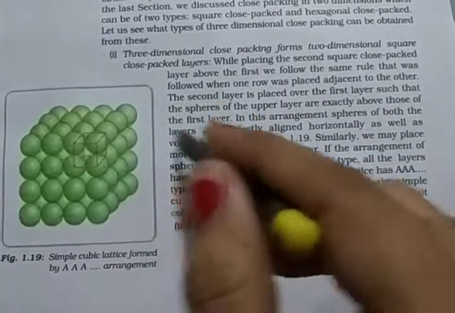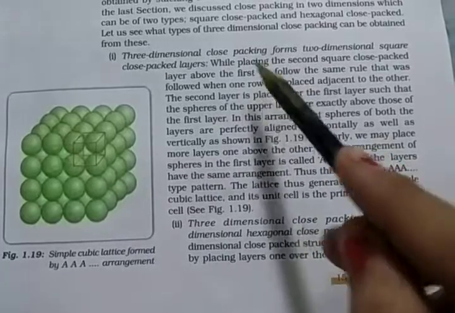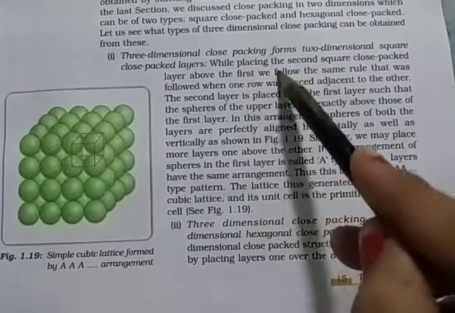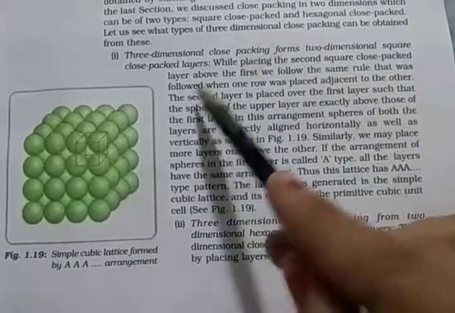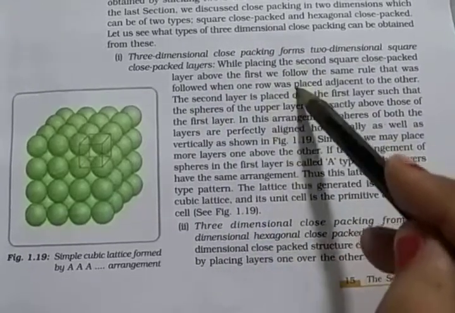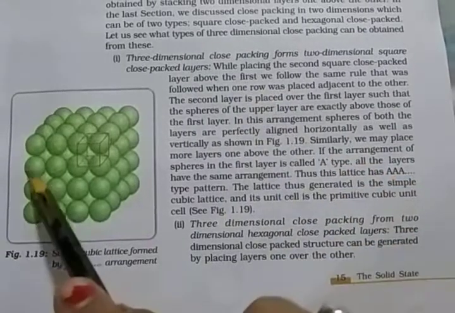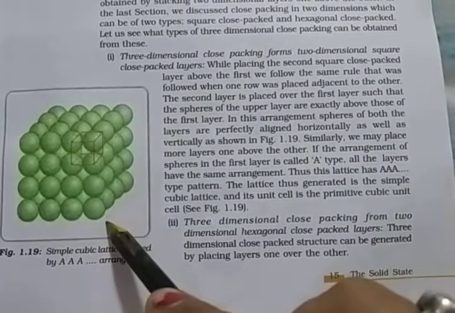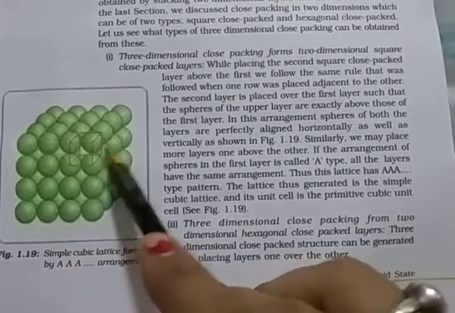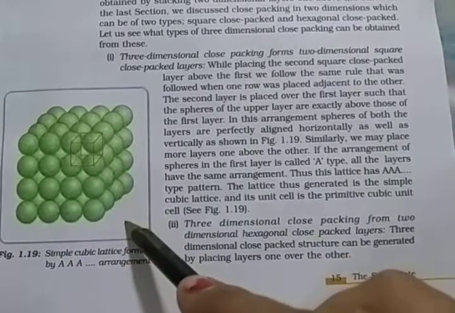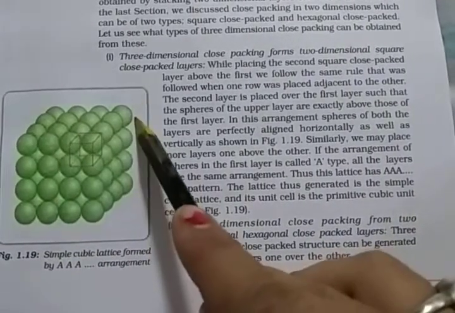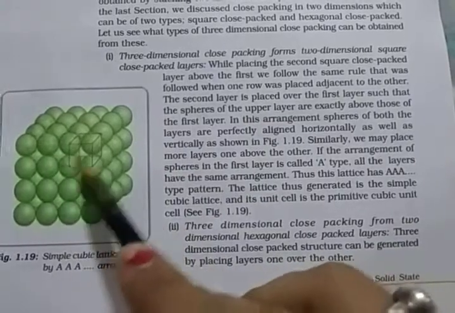We follow the same rule that was followed when one row was placed adjacent to the other. The second layer is placed over the first layer so that the spheres of the upper layer are exactly above the first layer.